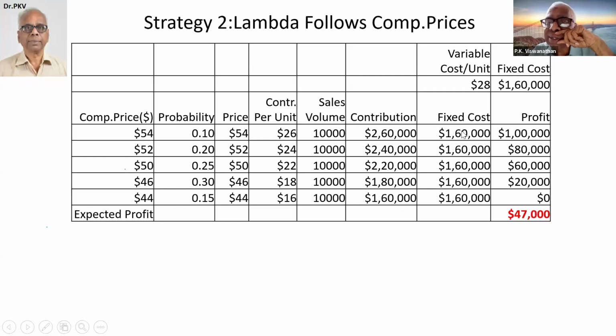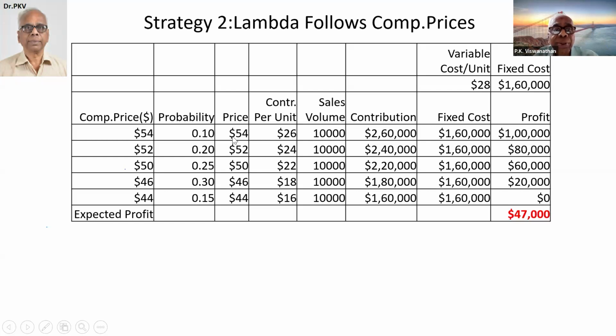Fixed cost 160,000 I subtract. 260 minus 160,000 is $100,000, $1 lakh, $80,000, $60,000, $20,000, $0.